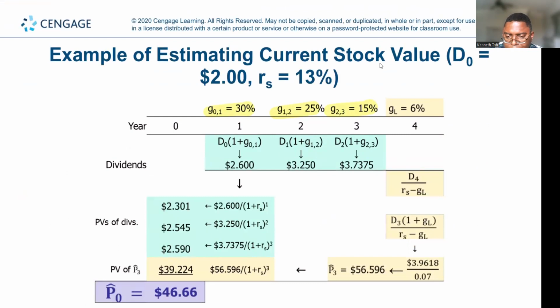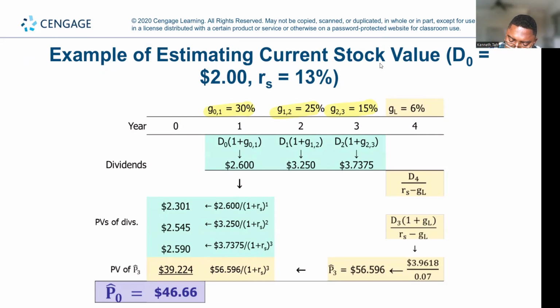So we'll use the same knowledge where we are going to calculate first the different dividends, and then once we calculate the dividends, we calculate the present value of each of those dividends. And then we calculate the horizon value. We calculate the present value of the horizon value. We add them up so that we can get the present value right now. Okay.